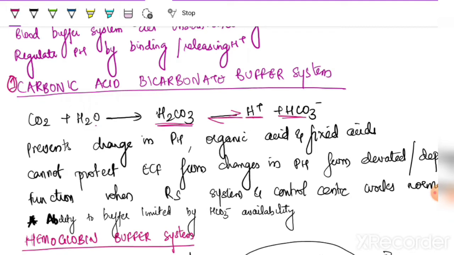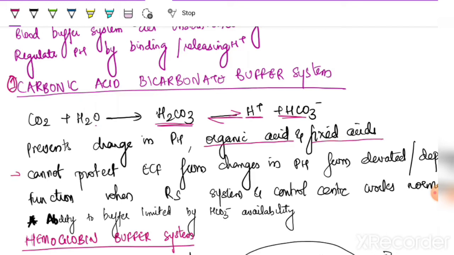Most body cells generate carbon dioxide, and it is converted into carbonic acid, which dissociates into H plus and bicarbonate. So this carbonic acid bicarbonate buffer system prevents change in pH caused by organic acids and fixed acids.